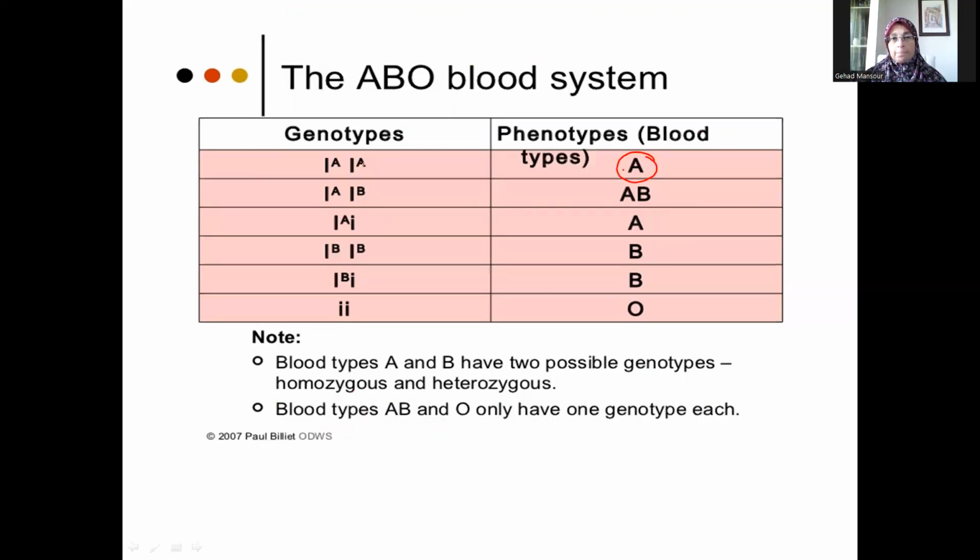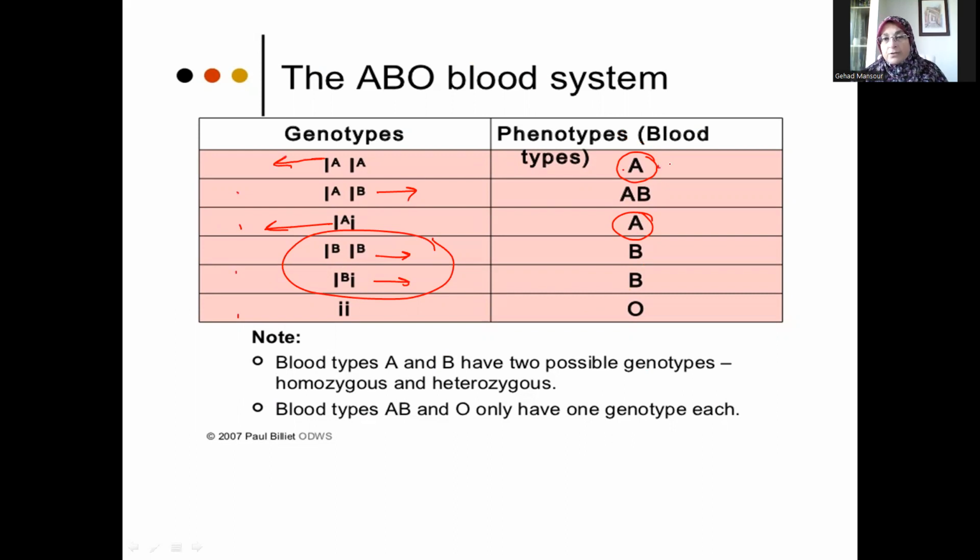But actually, as you can see, we have 6 genotypes, but for example, this genotype and that one are both group A. That genotype is alone, which is AB, and then we have that one, which together give B. So actually we have 6 different genotypes, but we have 4 different phenotypes.